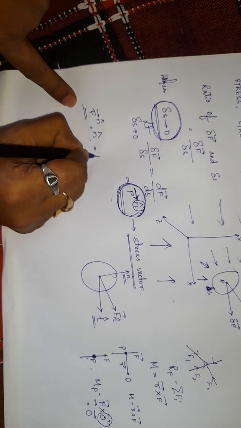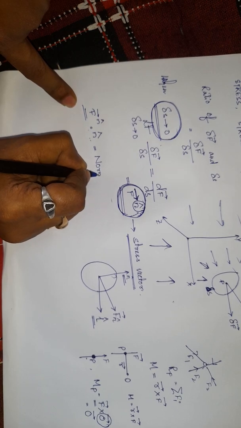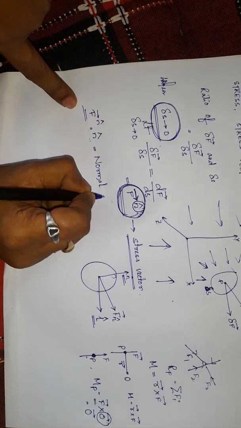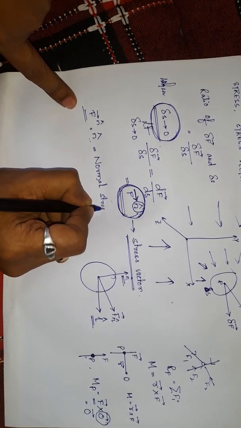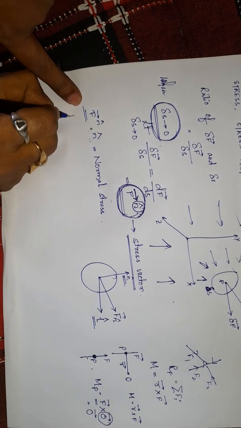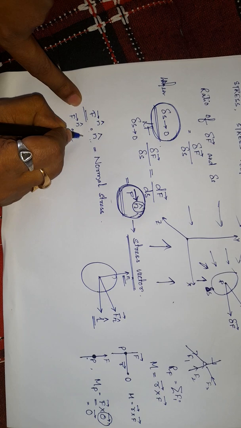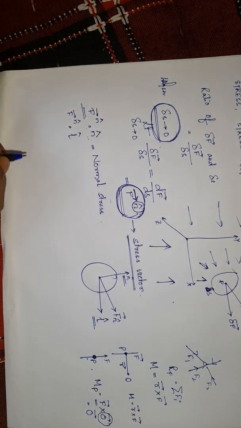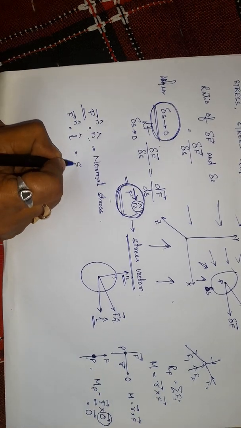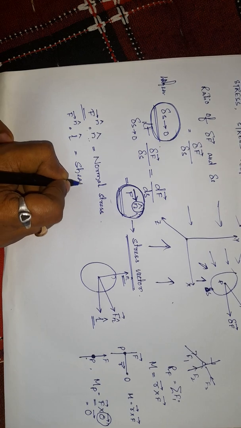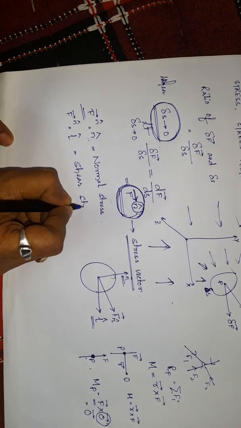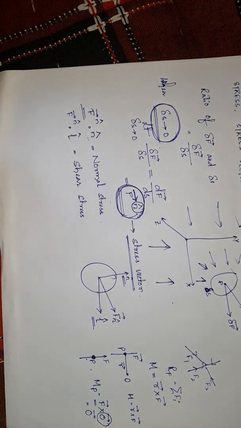It is called the normal stress. And the component of the stress vector along the tangential direction, if your L cap is the tangential direction, it is called the shear stress. Clear? Okay.